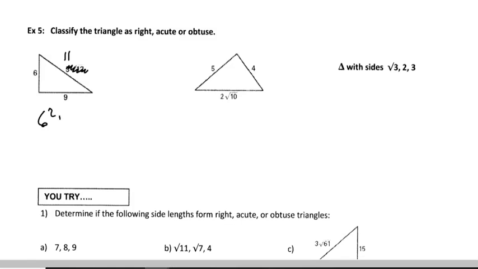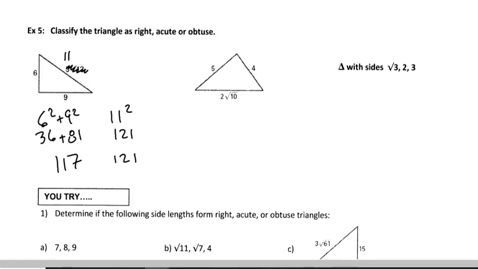We have 6 squared and 9 squared, and we're going to see how it compares to 11 squared. 36 plus 81, we're going to see how that compares to 121. I'd put 36 plus 81, 117, and 121. Let's just ask what happened to the c squared part?